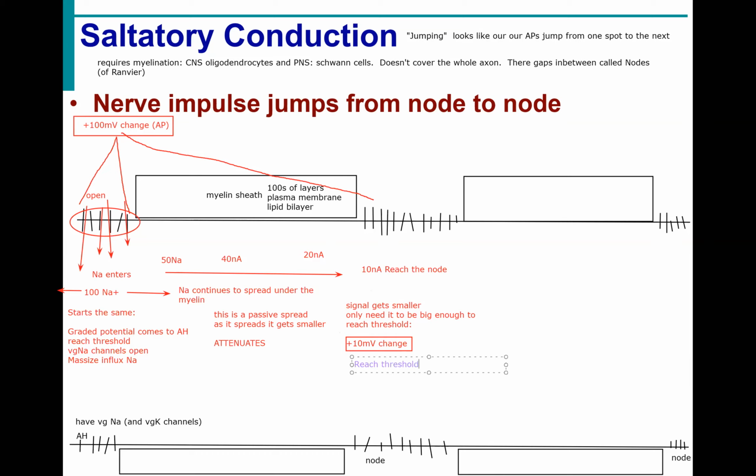And if we reach threshold, all the voltage gated sodium channels open. We get a massive influx of sodium, and we produce a 100 millivolt action potential. Here at our node, we are going to now get a big, huge, oops, I drove that too big.